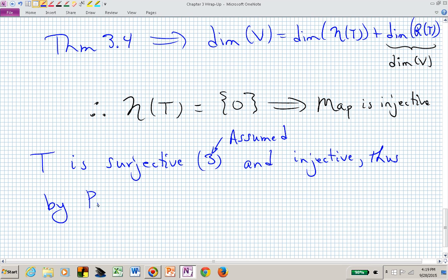And thus, by proposition 3.17, with our map being both surjective and injective, that was this if and only if it's invertible, the map is invertible. And now we've basically finished chasing our tail. We demonstrated or proved that 1 implies 2, 2 implies 3, and 3 implies 1.